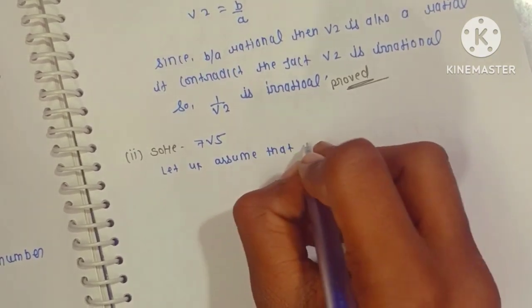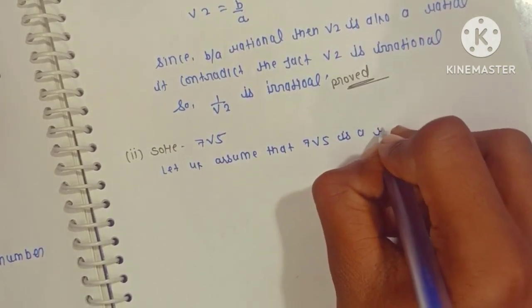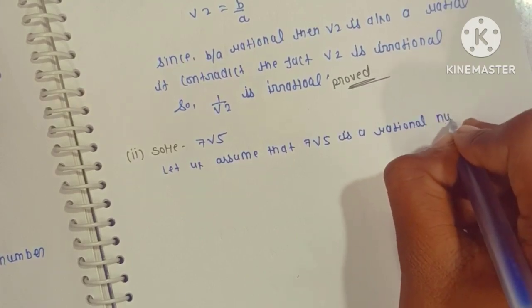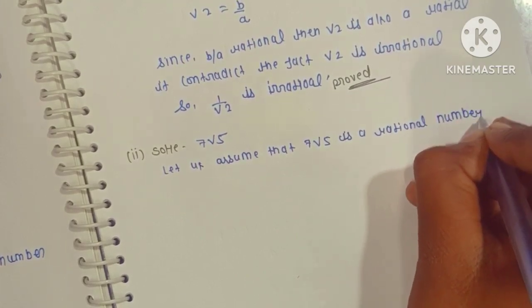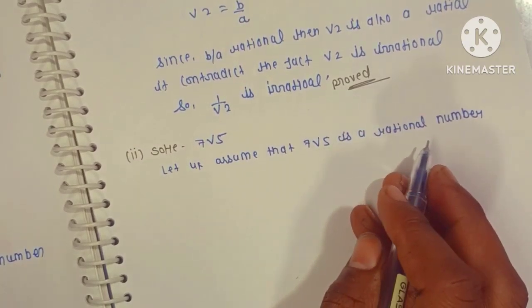Let us assume that 7 root 5 is a rational number.